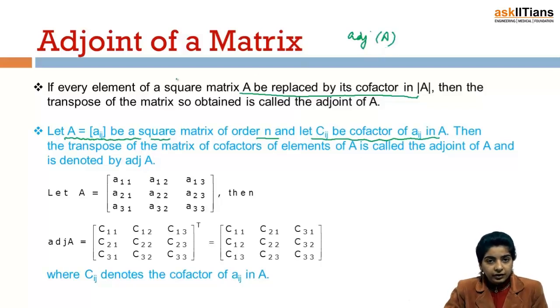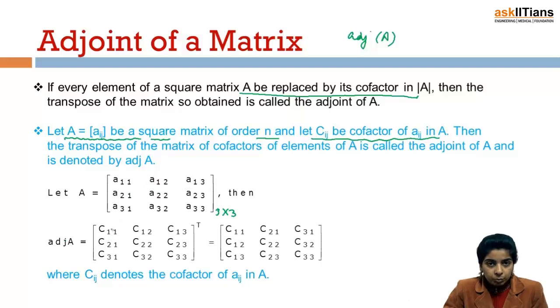So what are we exactly doing? Suppose you have an n cross n matrix A, and you write down the cofactors of each and every element, then the transpose of that matrix of cofactors is called the adjoint of A. So we have a 3 cross 3 matrix A of this form, A11, A12, A13 and so on. And what will be the adjoint of A?